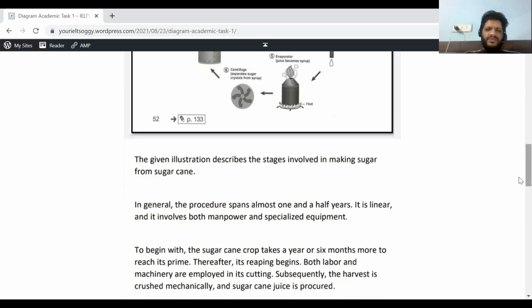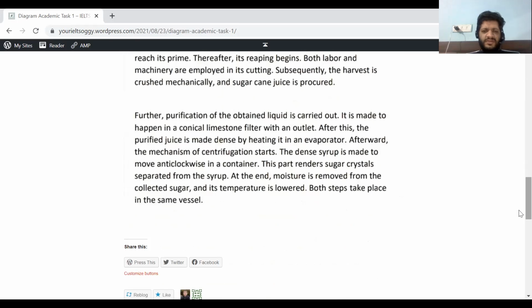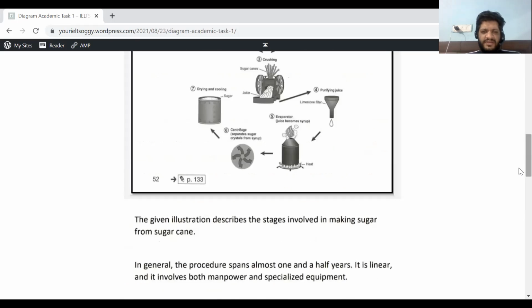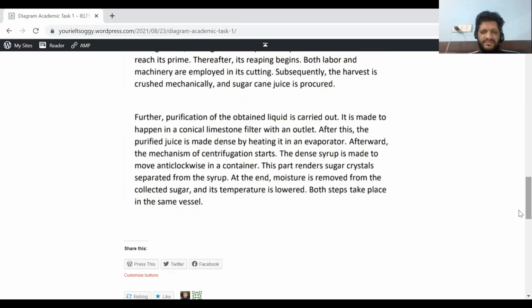It's going this way, no? The arrows. So this part renders sugar crystals separated from the syrup. What happens in the centrifugation part is that it separates sugar crystals from syrup, and that's what is written over here.